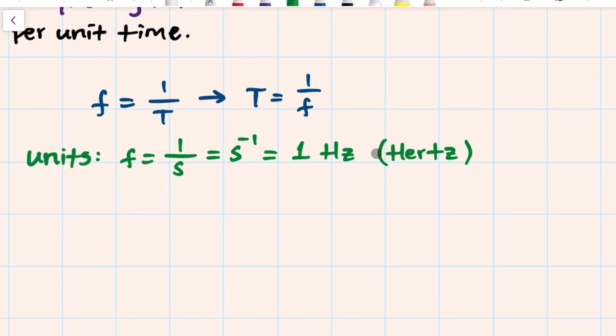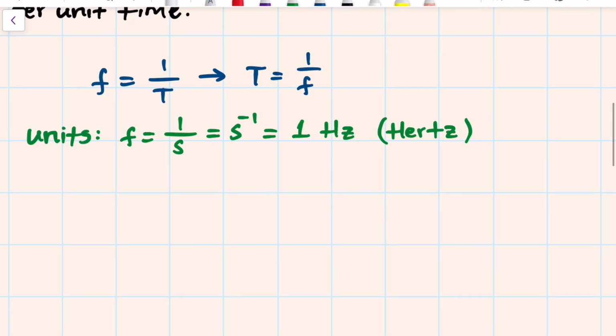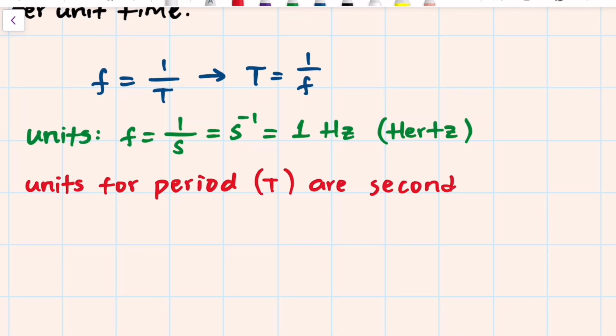And this has no relationship whatsoever to the car rental place. It's named after a scientist. Okay, so these are the units for hertz. And just so we don't forget, let's remind ourselves that the units for period are seconds. And the symbol is lowercase s, as usual.